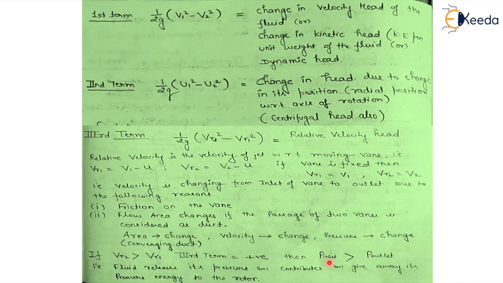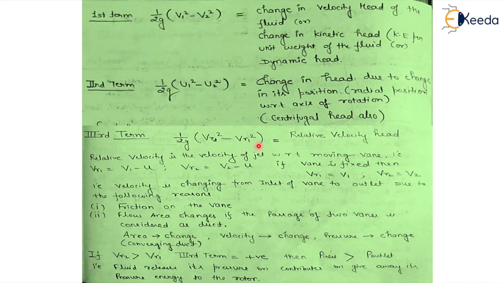So I can write P inlet is greater than P outlet. That means the fluid releases, or gives away, its pressure energy to the rotor. I think it is clear. That is, the pressure at the inlet is more than the pressure at the outlet.